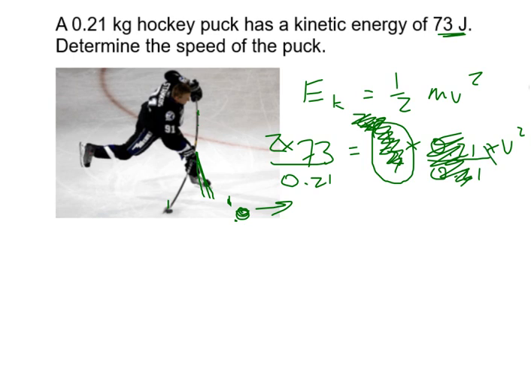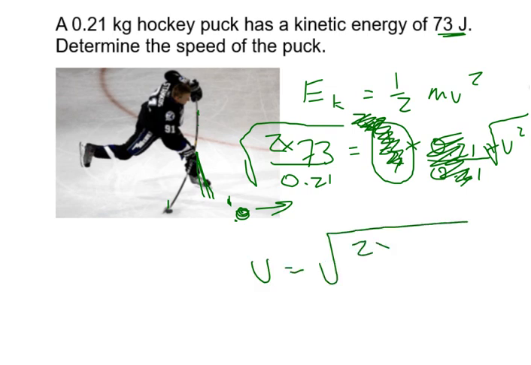And in order to get rid of v squared, I have to square root. And so some kids find it more useful to do this. They say that v equals the square root of 2 times 73 all over 0.21. And they just do it all in one step. If you can see that, I think there's an advantage to that. You don't have to. But this should get you the same thing.